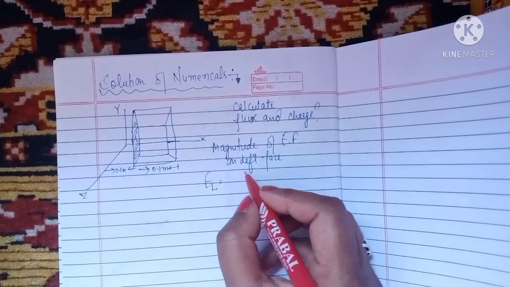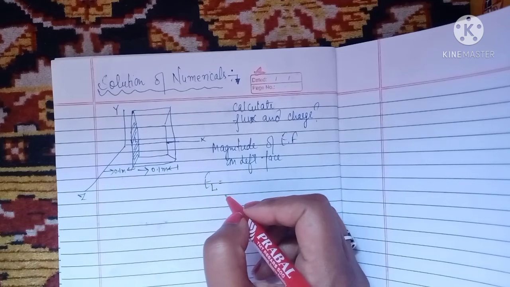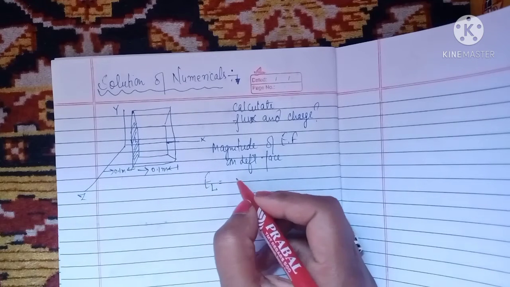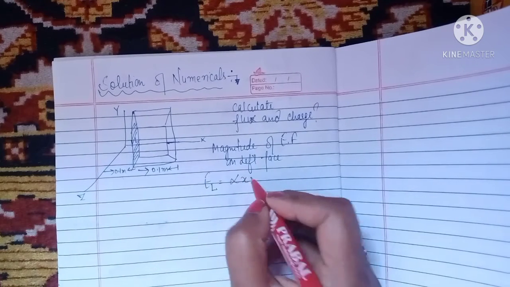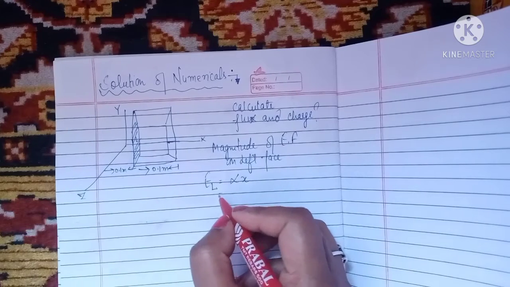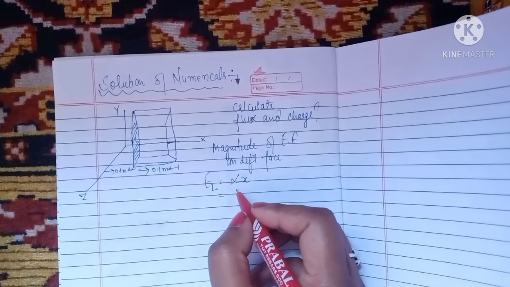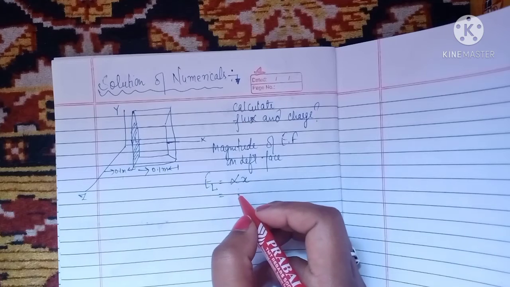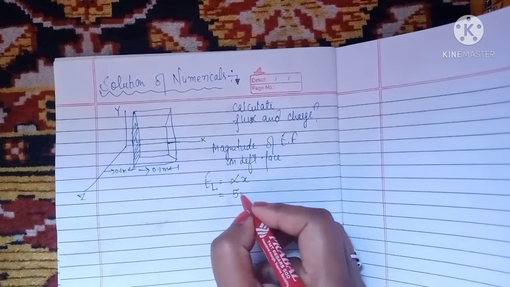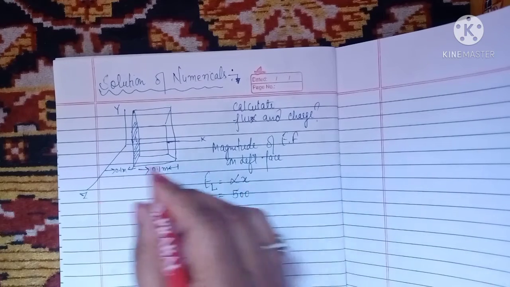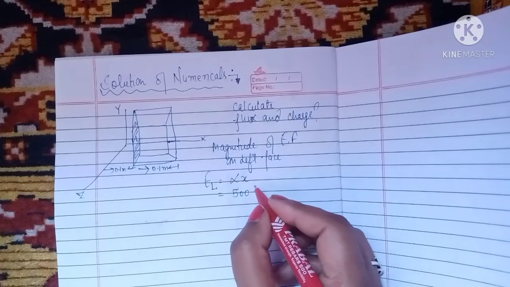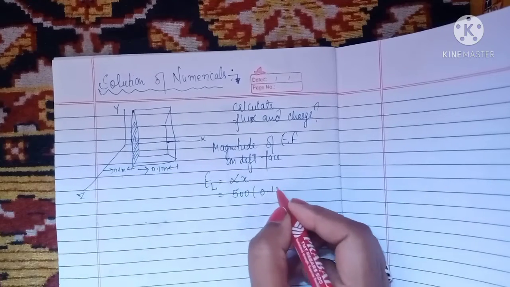So first of all we have to calculate the electric field, which is given as alpha x. Now what is the value of alpha given to you? That is 500, right? So put the value of alpha, that is 500, and x, that means this much, is 0.1 meter.